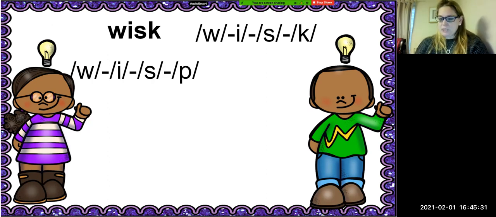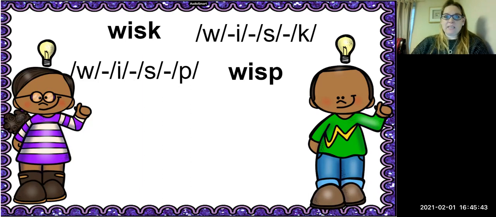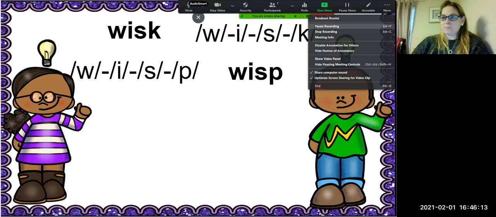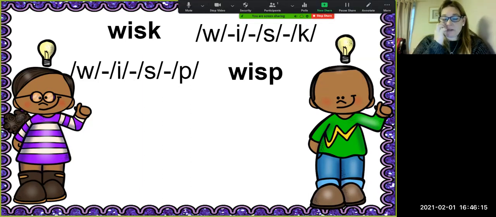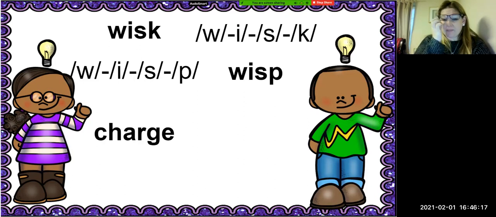What is the new word going to be then? It is going to be wisp. Wisp. Hold on one second, guys. Okay. The next word is charge. Charge. How many sounds do you hear in charge?